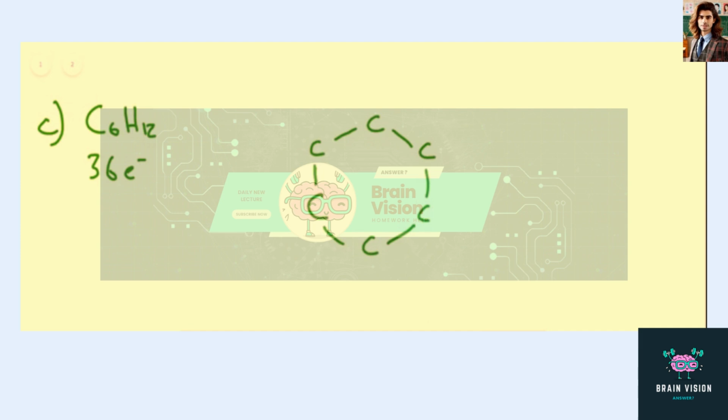Now we have 12 hydrogens, so each carbon will get 2 hydrogen atoms.